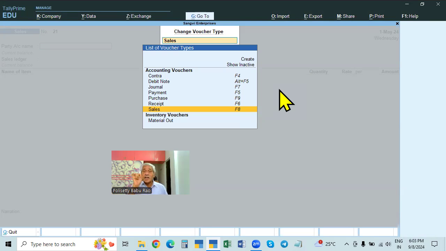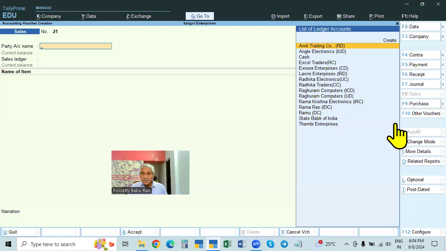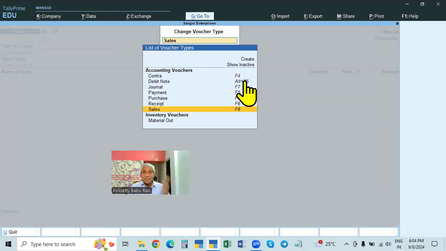The voucher is called the credit note voucher. Here there is a sales voucher and a purchase voucher, so why can't we have a purchase returns voucher or a sales returns voucher? I already explained why you enter in the debit note voucher. Similarly, for sales returns we enter in the credit note voucher, because his balance is to be reduced. When he returns the goods, his due will be less.